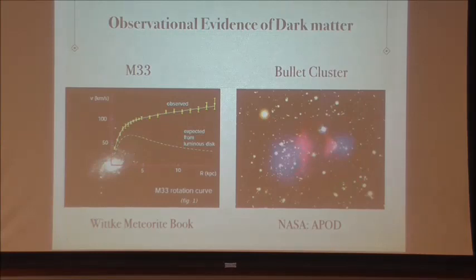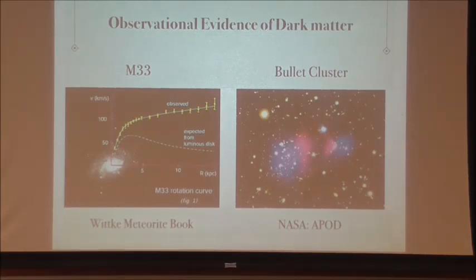Then the mass distribution within the clusters, shown in blue, comes from weak lensing, contour plots of the distribution of matter. You can see the distribution of matter is mismatched from the distribution of luminous matter. This is strong evidence for the existence of dark matter in galaxy clusters.